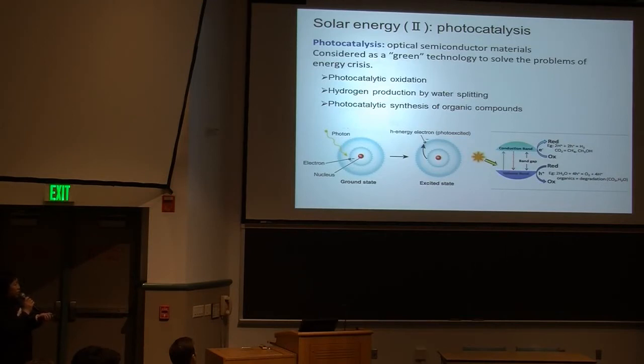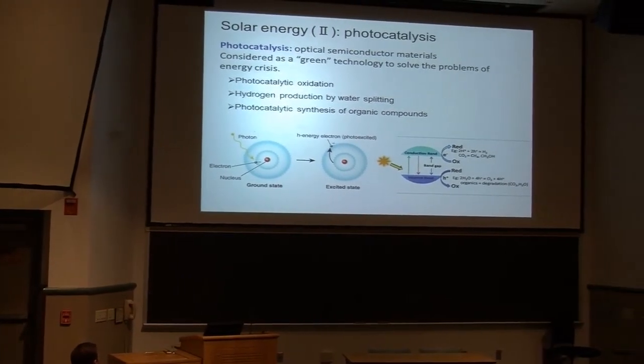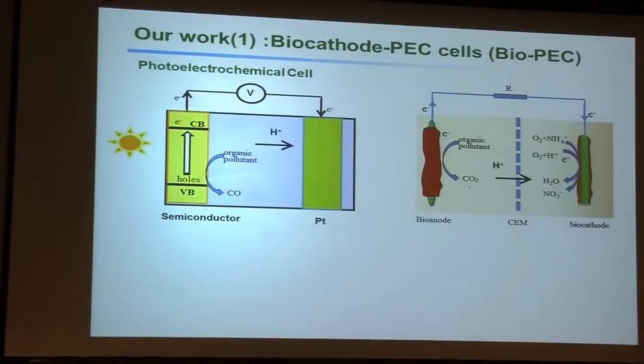Normally people use semiconductive materials as the catalyst to convert water to hydrogen or decompose organic compounds to carbon dioxide. In this case, the semiconductive material is so important, as it influences the response to the light, to the visible light.